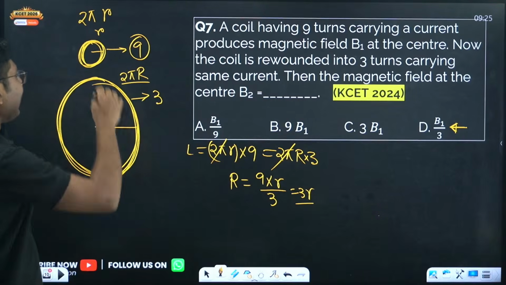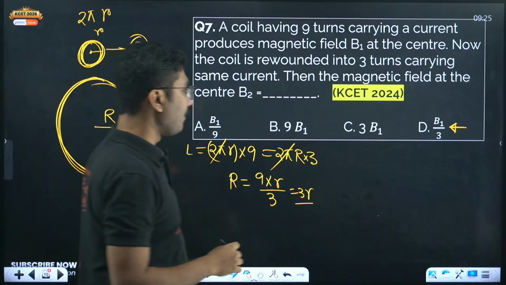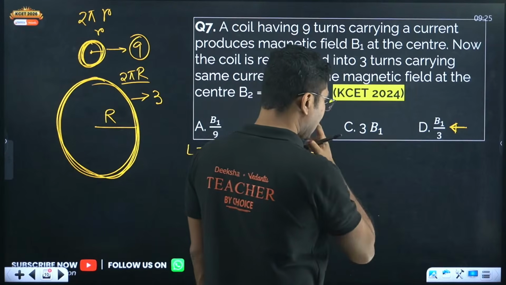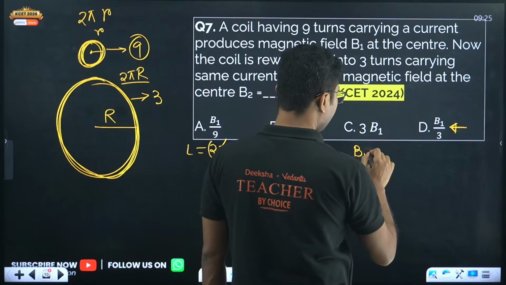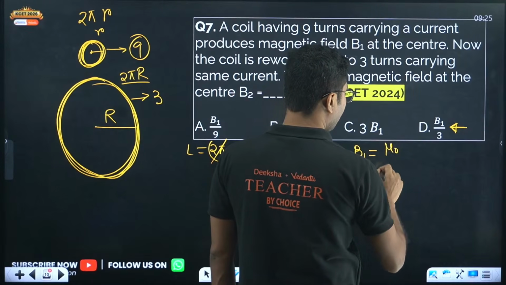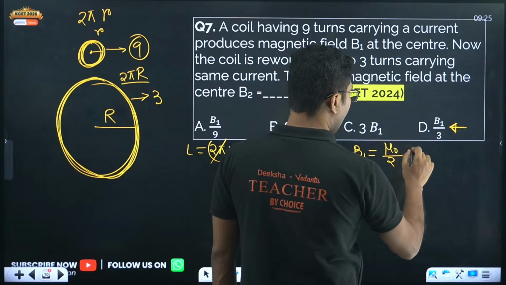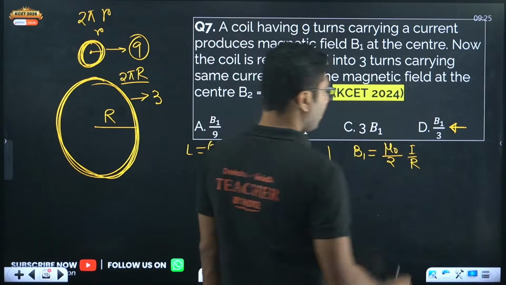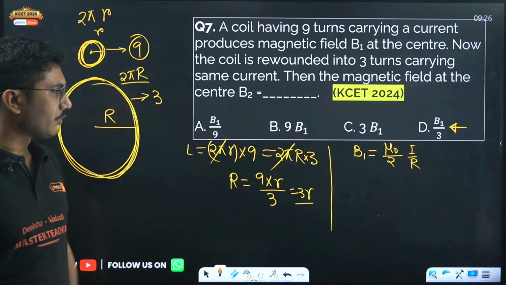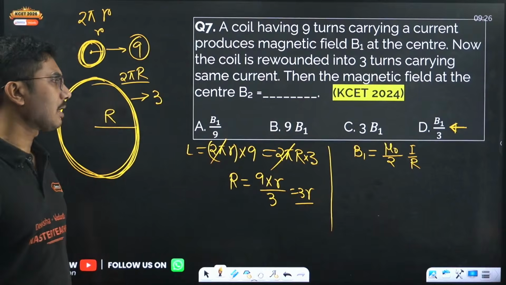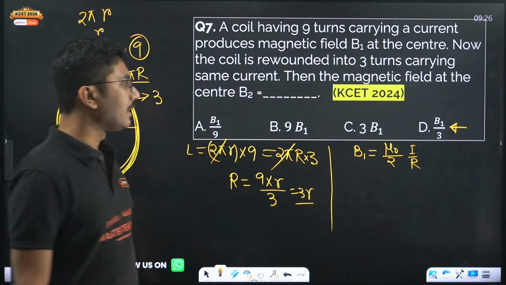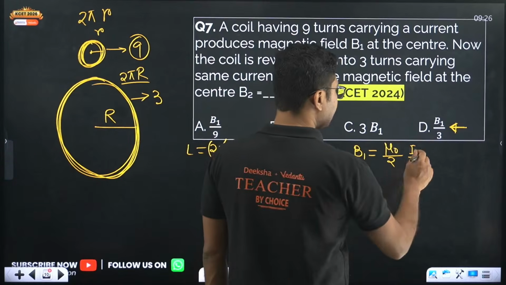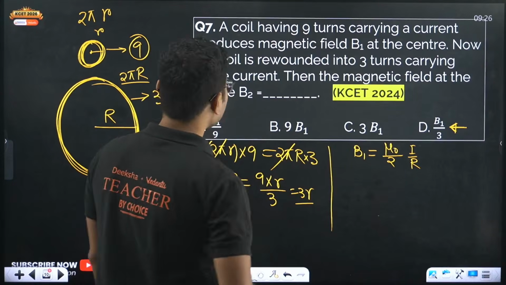Now what is the magnetic field at the center of a coil? It is given by B1 equals mu naught by 2 I by R. Okay, mu naught by 2, there is no pi over here. So that is the magnetic field at the center of a coil, right? Initially this is the magnetic field and current remains the same.